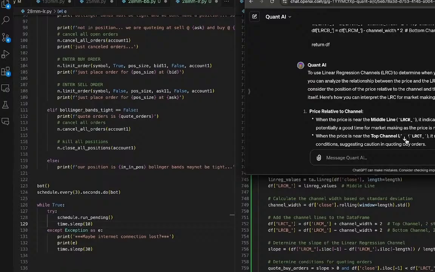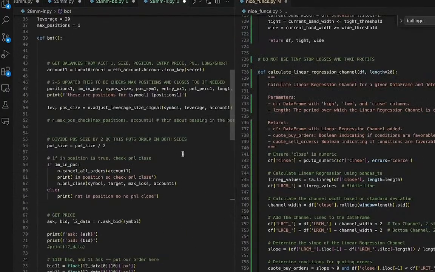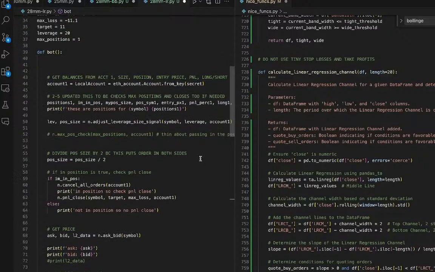Okay, so let's have her update that. And then also I wanted to check here, what is my size? Position size divided by 2.